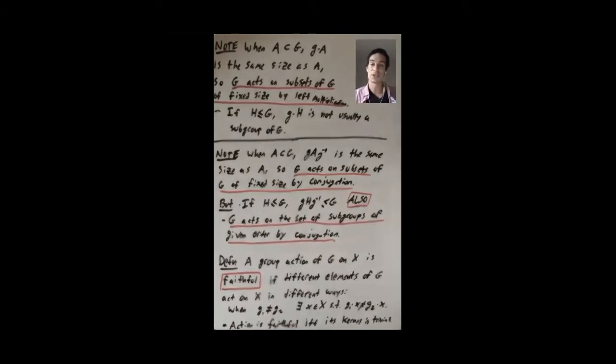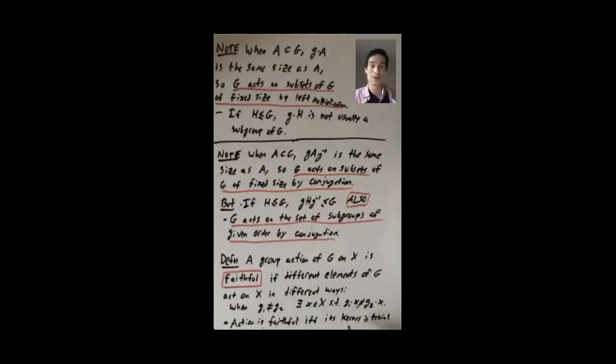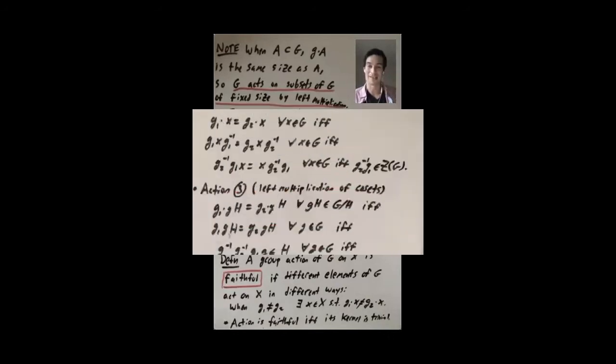I've just described the kernel in terms of the elements of your group that are acting the same way that the identity acts. And remember, you can also think of this kernel as the kernel of the homomorphism that you get from your group action that goes from G to the symmetric group on X.